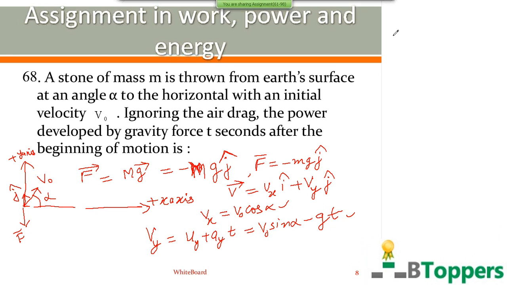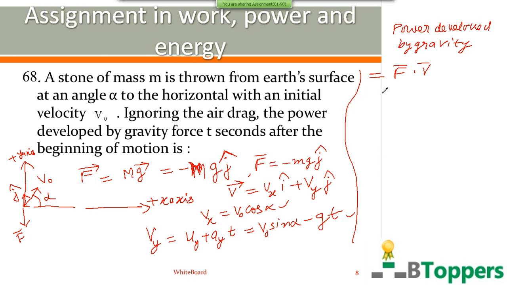These equations are written based on the theory of projectile motion. So the power developed by the force of gravity after time t, that is the instantaneous power, we can write as F bar dot V bar. The dot product of two vectors is the product of the x components plus the product of the y components for two vectors in the xy plane. Here the x component of the force is 0 because the force has no component along the x-axis. It acts only in the y direction.